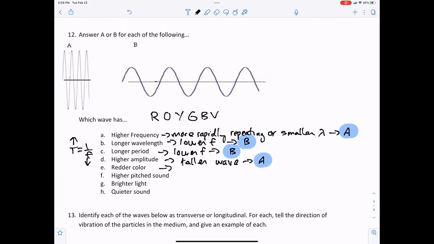Well, redder colors have larger wavelengths, smaller frequencies. Okay, the wavelength is going to decrease, the frequency is going to increase.